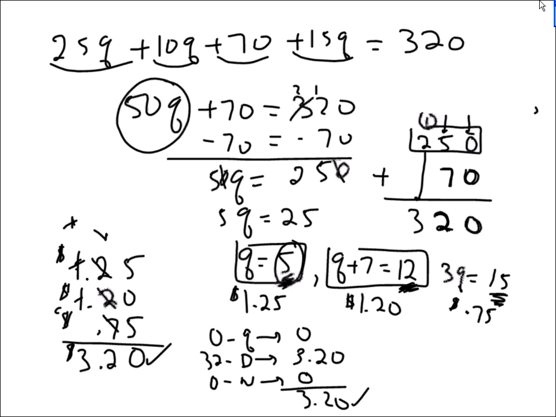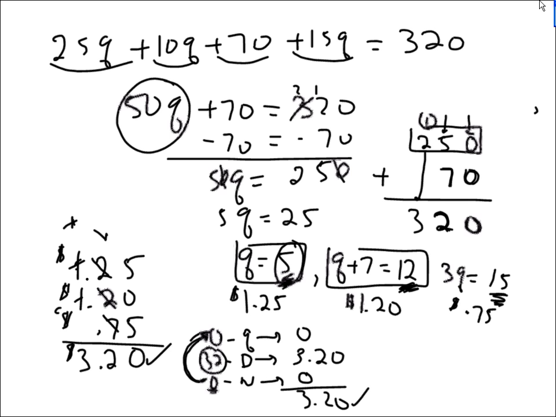The problem is that the number of nickels, 0, is not 3 times the number of quarters. Or you might say, yes, 3 times 0 is 0. But you know what? The number of dimes is not 7 more than 0, the number of quarters. 0 plus 7 is not 32.